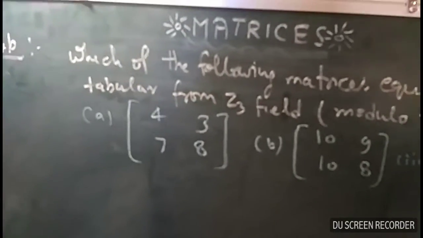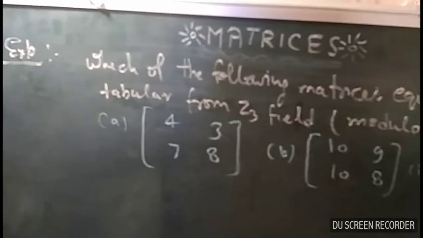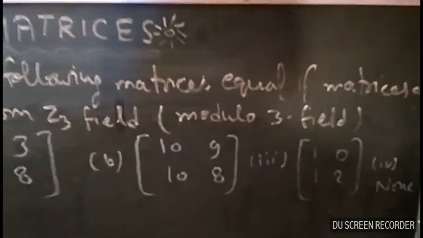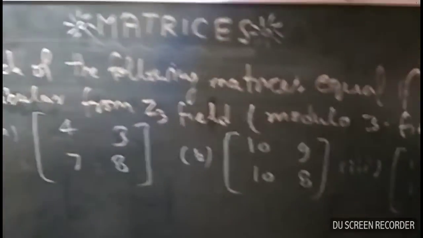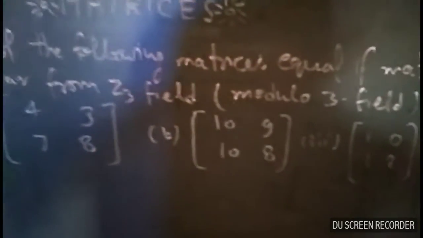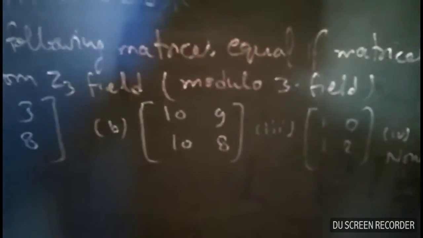Now we take an example of equality of two matrices. The question is: which of the following matrices are equal, if the matrices are taken from the Z3 field, that is, the modulo 3 field.